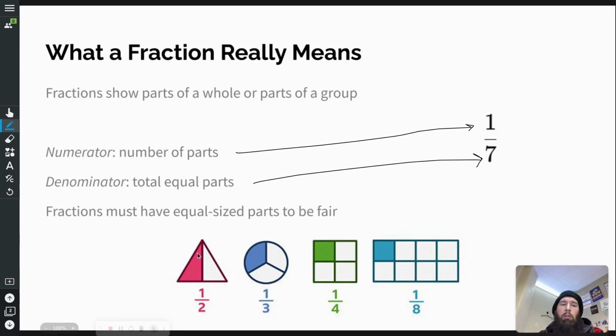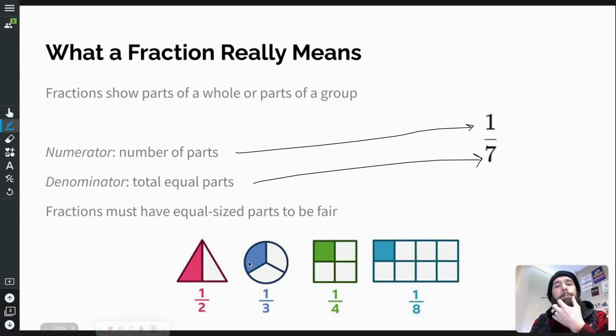So if you look at these pictures right here, this triangle is split into 2 equal parts. One of them is shaded, so I care about 1 out of 2 equal parts. This circle is cut into 1, 2, and 3 equal parts. One of them is shaded, so this is 1/3.